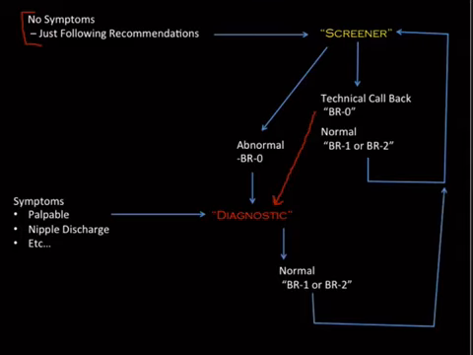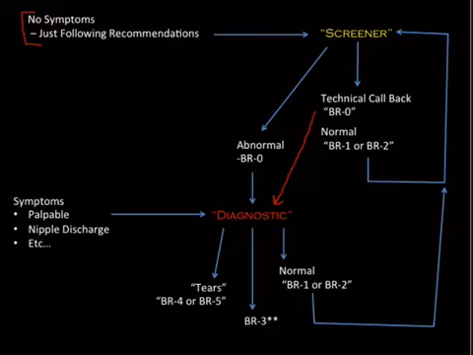Or you're going to say that you found something and you're going to send them to the room of tears and tell them they need a biopsy. Or there's the special situation of BIRADS 3, which I'll talk about in other lectures. And this is pretty much how it works.